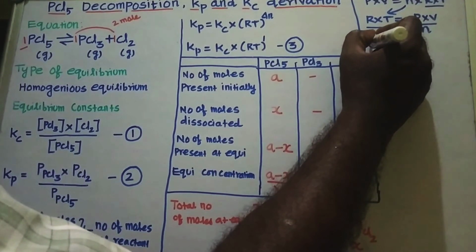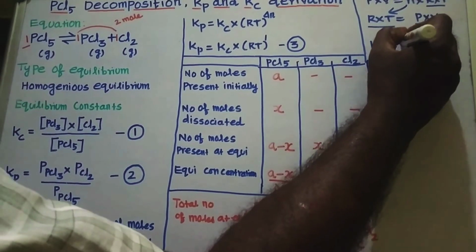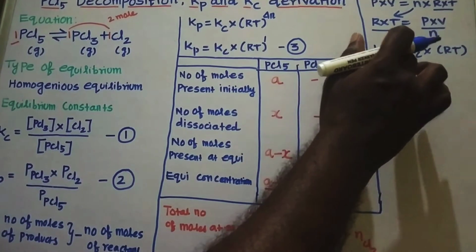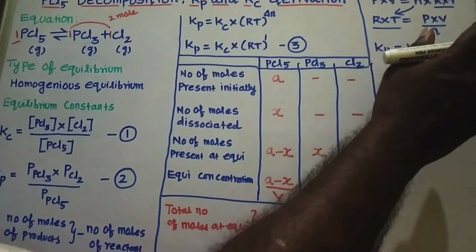So equation number 3 becomes Kp is equal to Kc into RT.